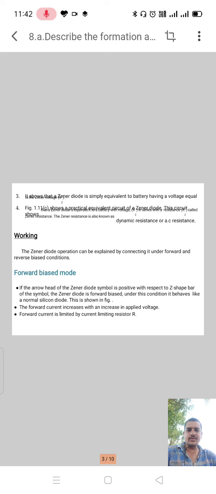If the arrowhead of the Zener diode symbol is positive with respect to the Z shape bar of the symbol, the Zener diode is forward biased. Under this condition, it behaves like a normal silicon diode, and the forward current increases with an increase in applied voltage. Forward current is limited by the current limiting resistor R.